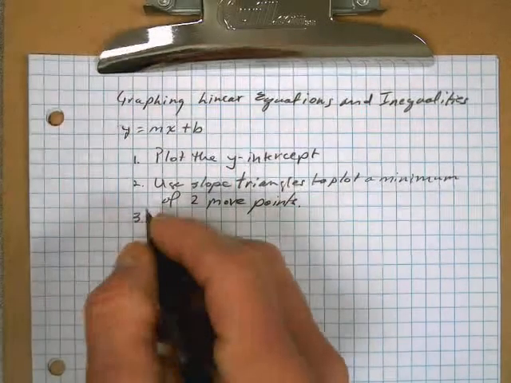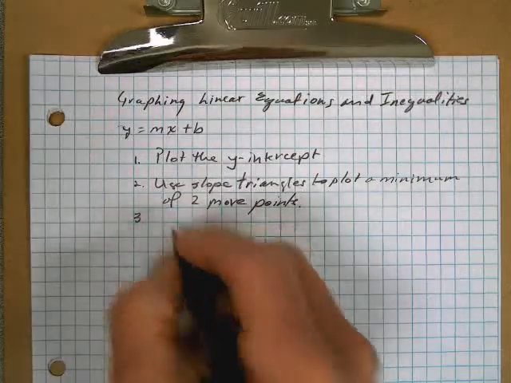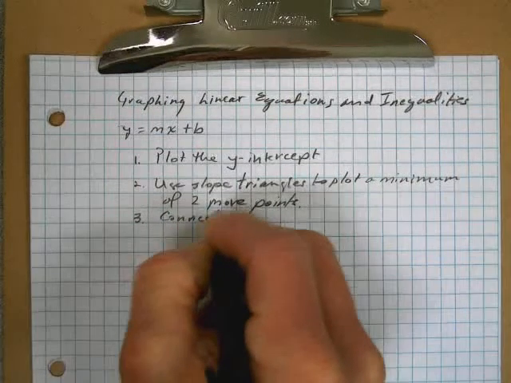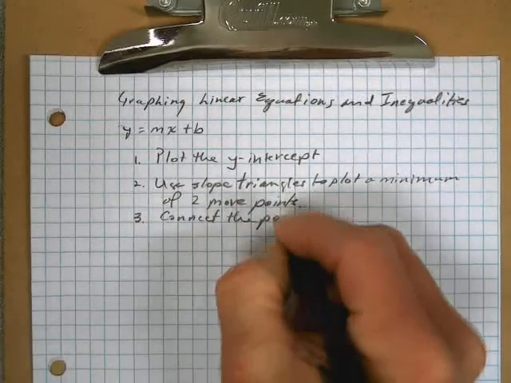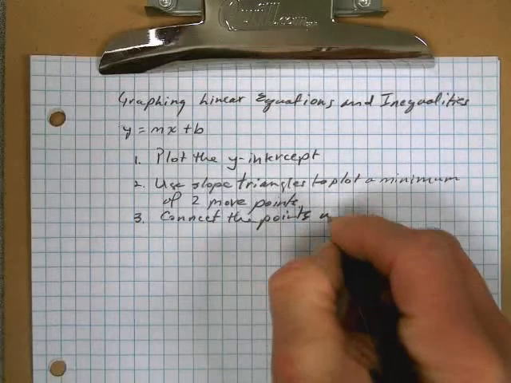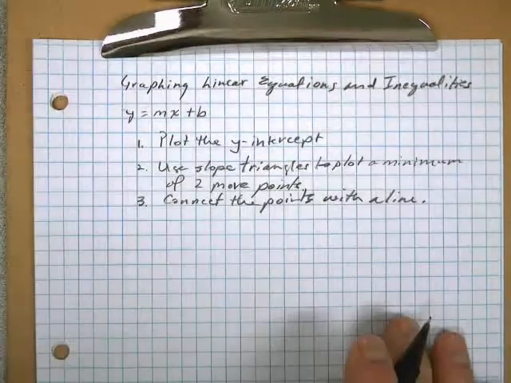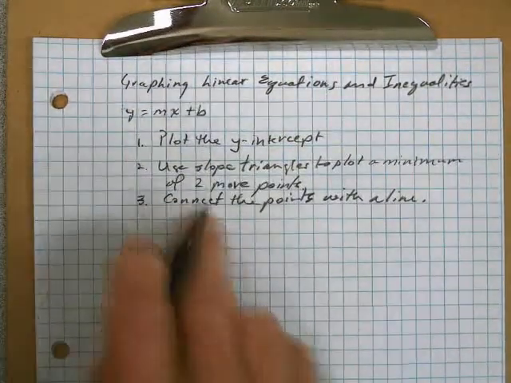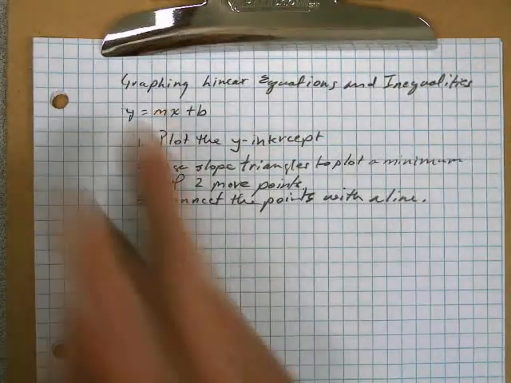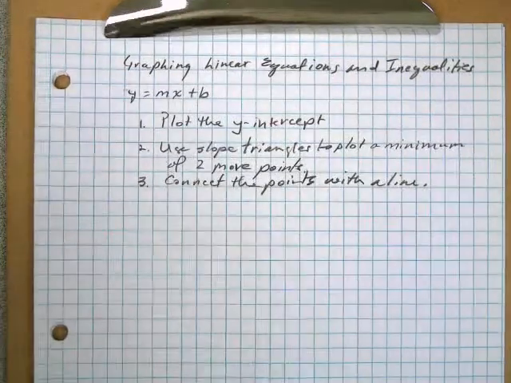And then 3, we're going to connect the points with a line. So 3 simple steps to plot an equation in slope-intercept form.